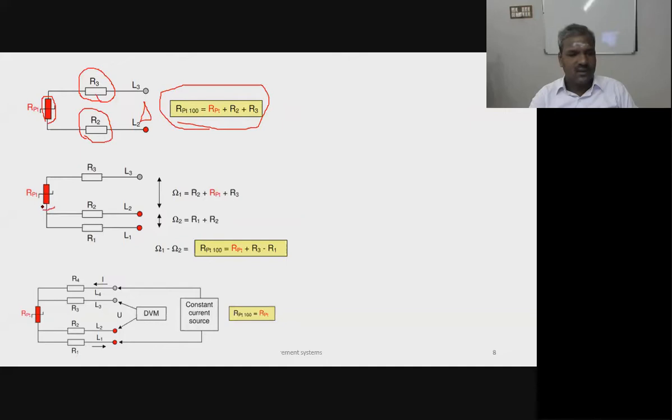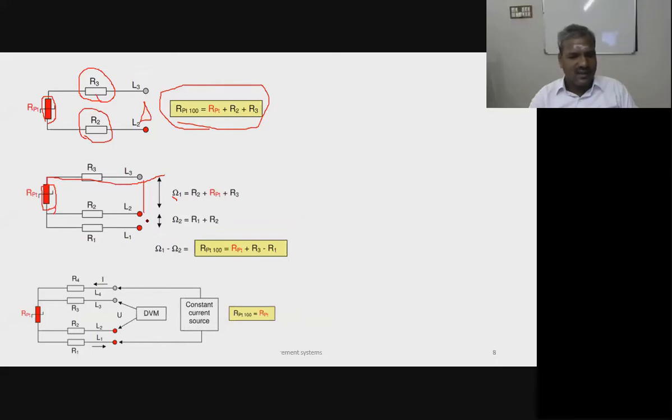To avoid such lead wire error, we go for the next configuration, the 3-wire RTD. In a 3-wire RTD, from the sensing element one lead wire is taken out directly, and on the other side two lead wires are taken out: R1 and R2 on one side, R3 on the other. The resistance across here is R2 plus the RTD element resistance plus R3.